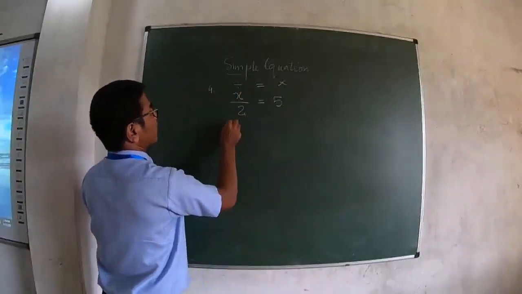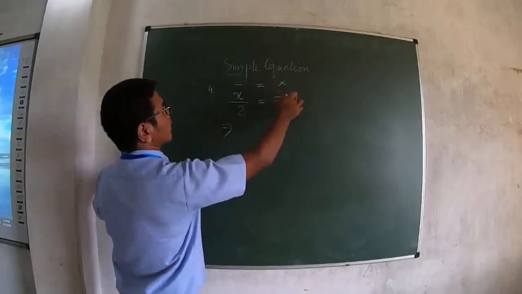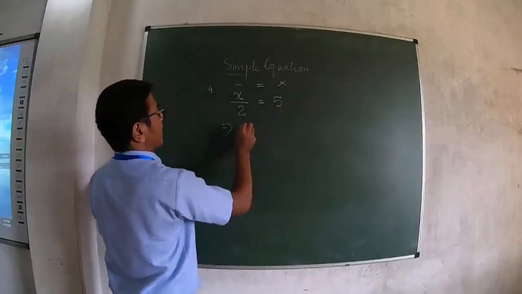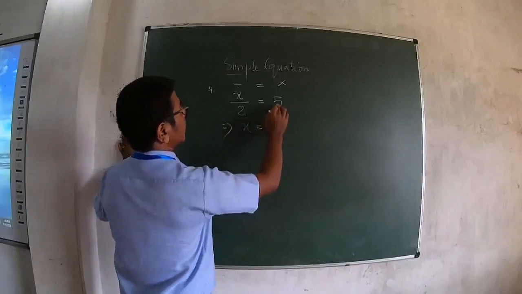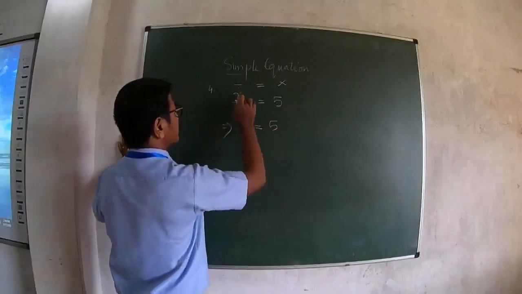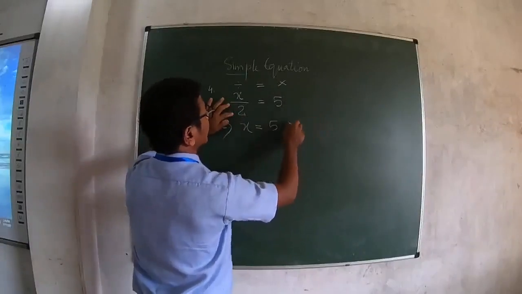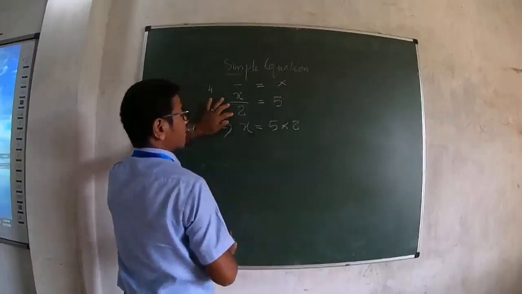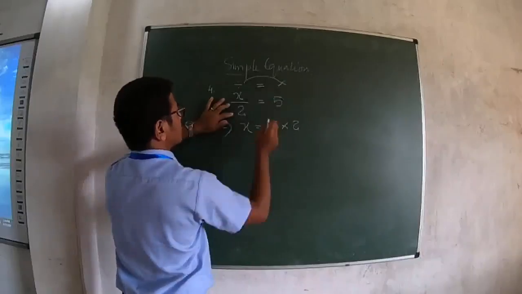What is the basic tip? When divide goes towards the right, it becomes multiply. x equal to 5 comes down, and this is the divide. So automatically when it's transported to the right, it becomes multiply.